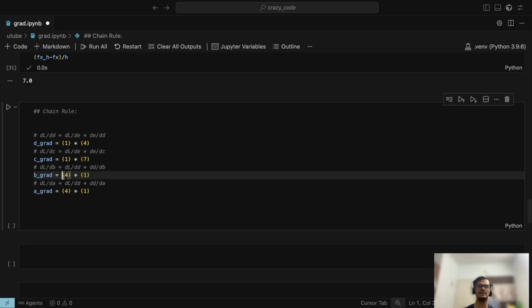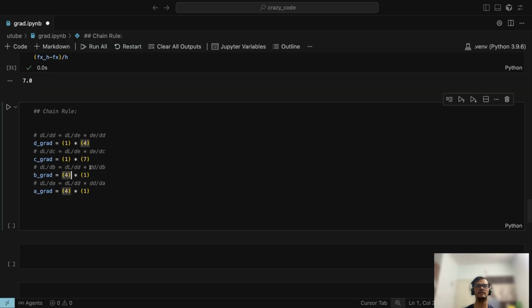B grad is 4, that means dL, or E with respect to D, is 4, and as you can see here, this is what we got. 4 into 1 is 4, so that's what came in here.